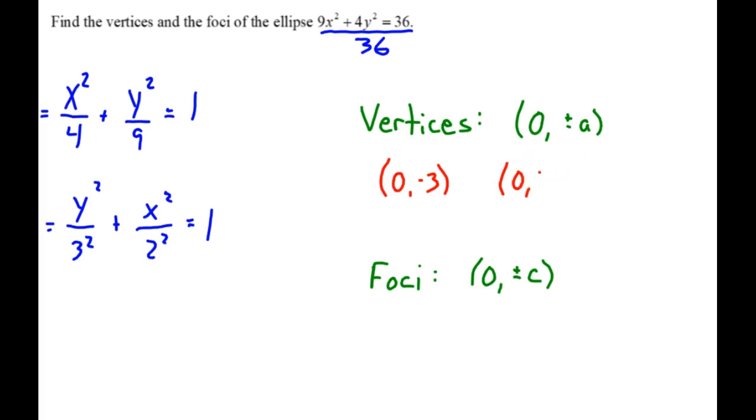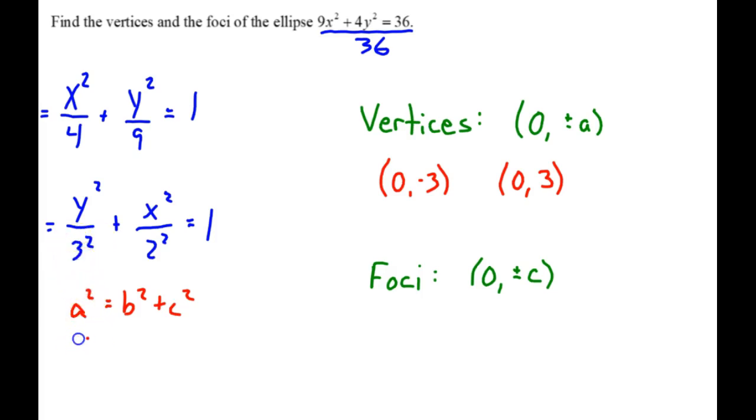Now to find the ordered pairs for the foci, the value of c is not directly in the equation. We have to use the Pythagorean theorem essentially to find that value of c. Notationally, the Pythagorean relationship we have to use is in the form a squared equal to b squared plus c squared. Not normally what we would have, but that's the way they have it set up in this textbook, so that's what we're going to use. So we know the value of a is 3.